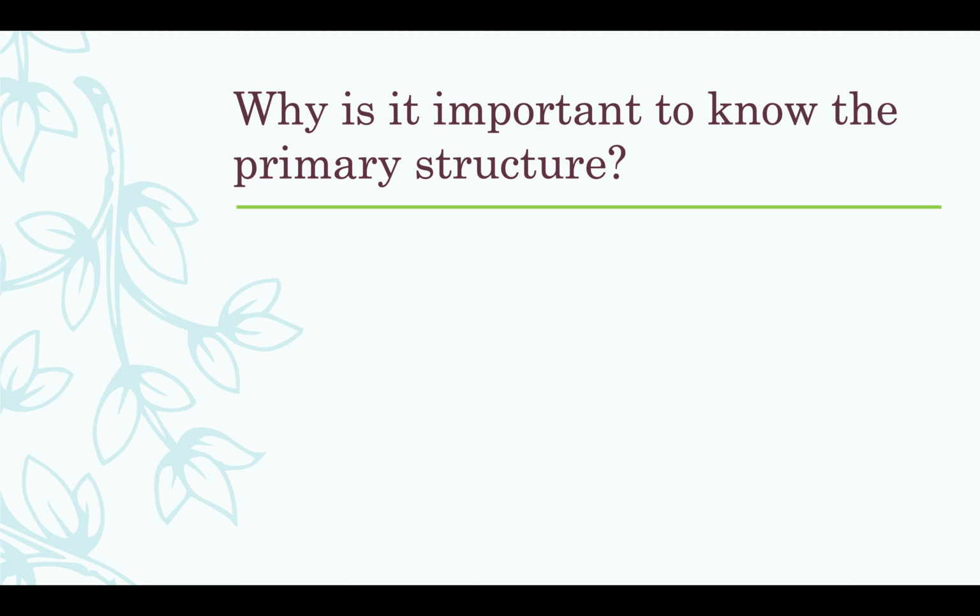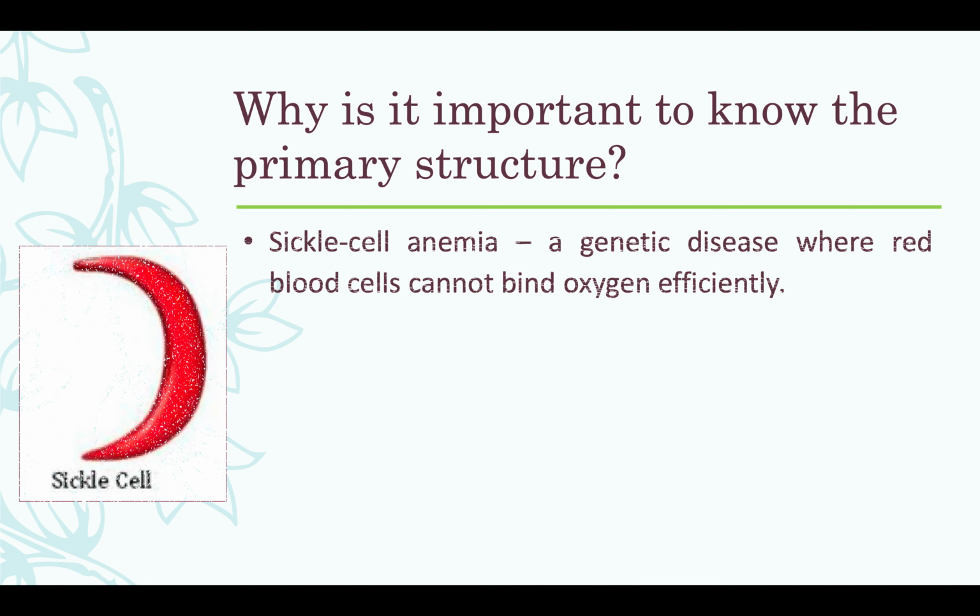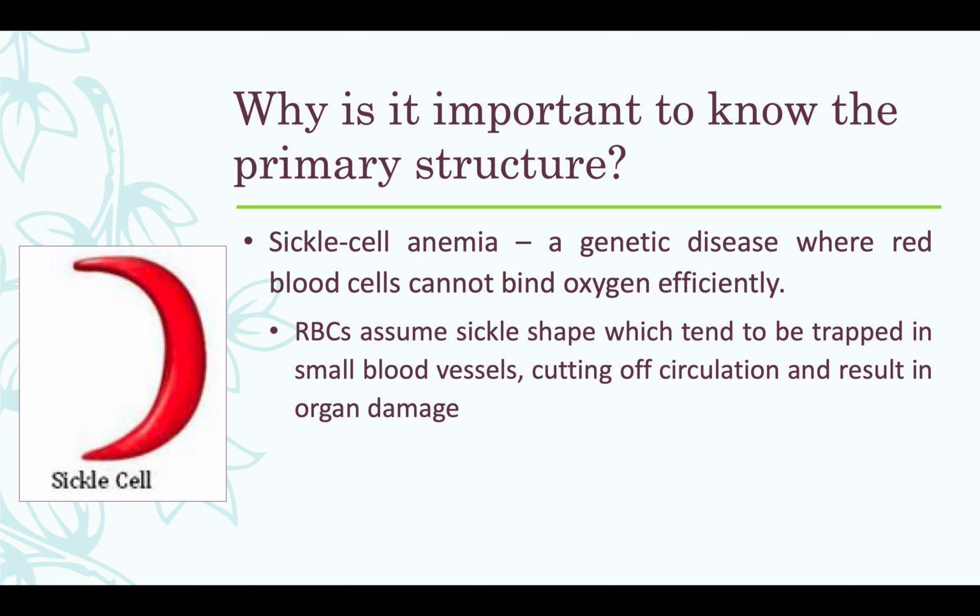Now, even just small changes in one amino acid in the sequence can actually alter the biological function of that specific protein. Example here is your hemoglobin in sickle cell anemia. In this genetic disease, red blood cells or RBCs cannot bind oxygen efficiently, and your RBCs also assume a characteristic sickle shape, as shown on the figure.